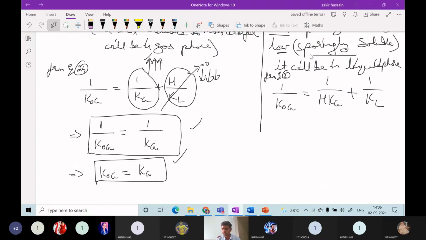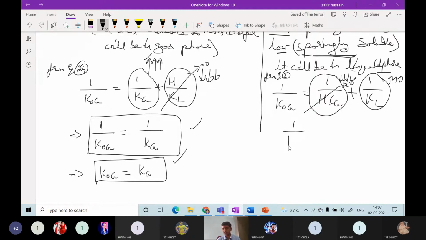So according to this statement, if the gas is very low soluble or sparingly soluble, the large resistance will be in the liquid phase. Means this term will be very, very high compared to this term. So this term will be very, very low. Therefore, we can neglect this gas phase resistance term.